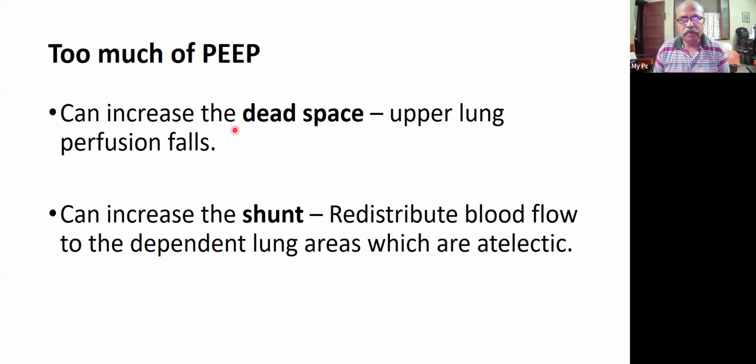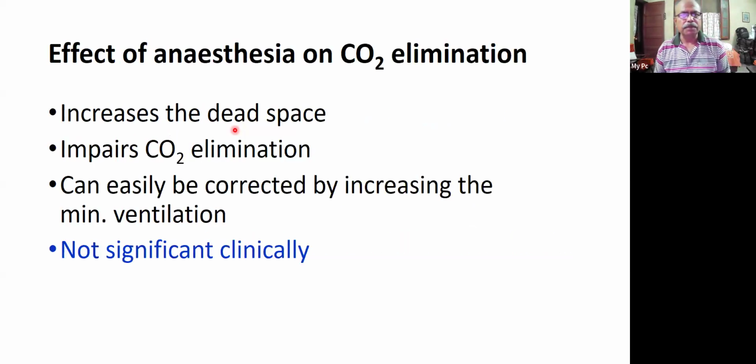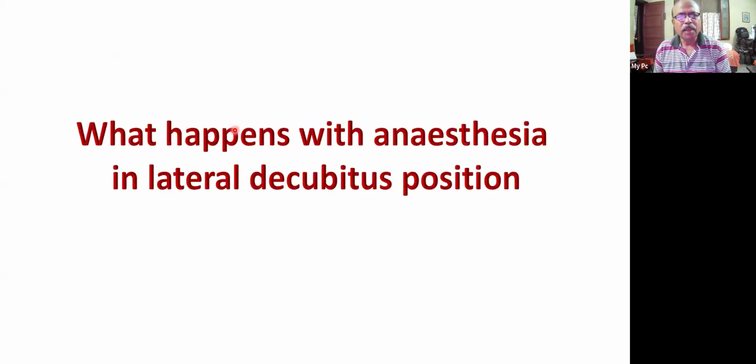So we have to keep a balance of what PEEP we give, and keep an eye on the oxygenation of the patient. So what is the effect of anesthesia on carbon dioxide elimination? It increases the dead space, but this can easily be corrected by increasing the minute ventilation, and it is not clinically significant.